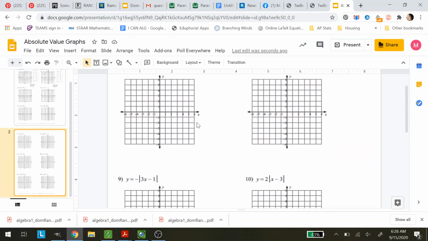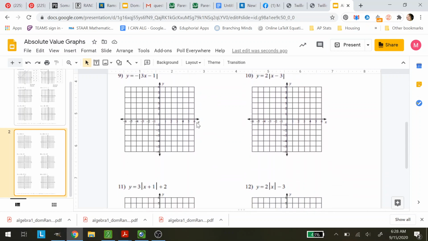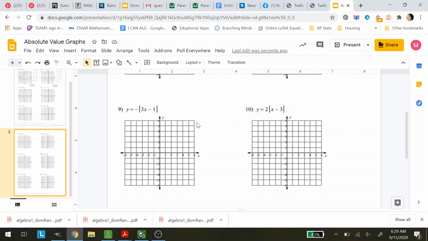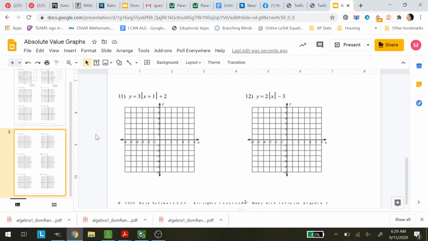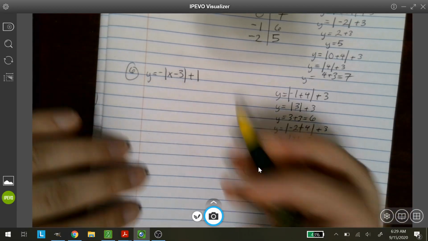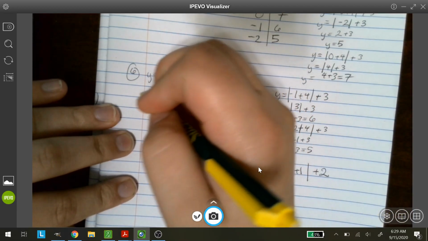I'm going to do number 6, and then I think number 11 will be the last one we do today. Okay. So I'm going to make my tables. Quick table.